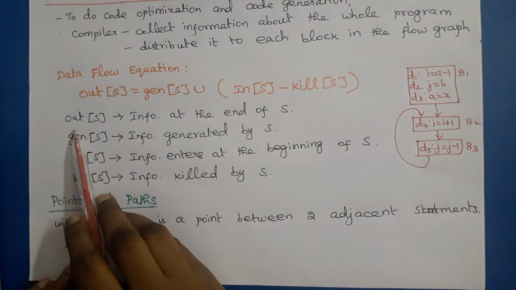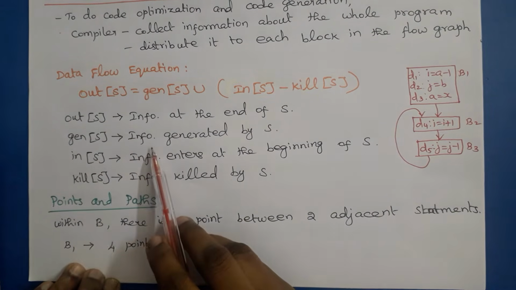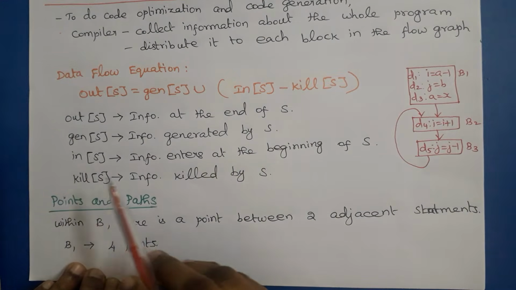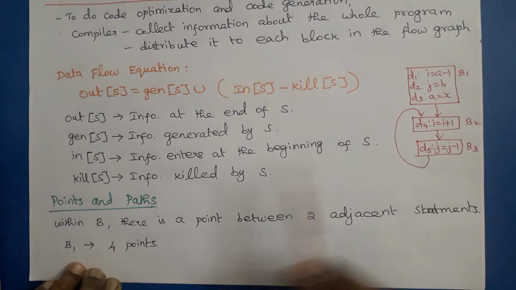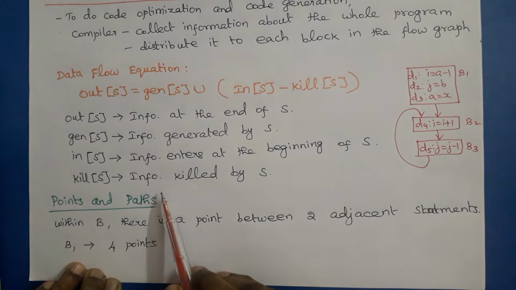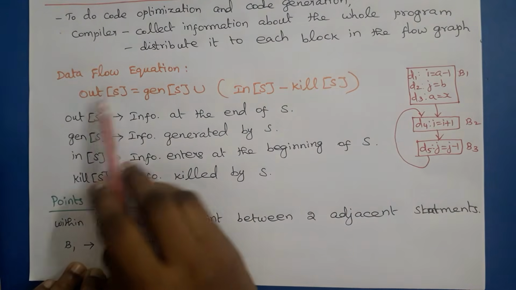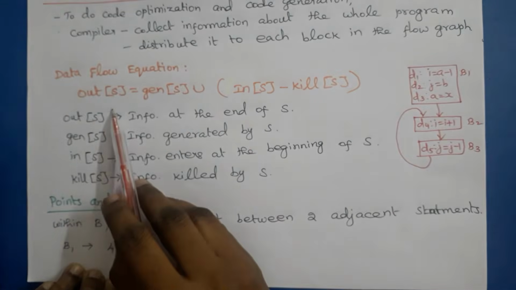It is represented by out of S. Gen of S means information generated by the statement S. In of S means information that enters at the beginning of the statement S, and kill of S represents information killed by S.